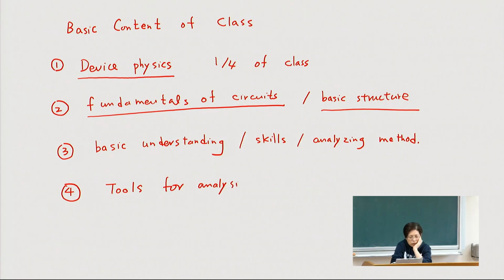As I said, understanding these models, tools of analysis including SPICE, basic rules of circuit analysis, circuit theories, and then we're going to talk a lot more about the SPICE model, the device model.